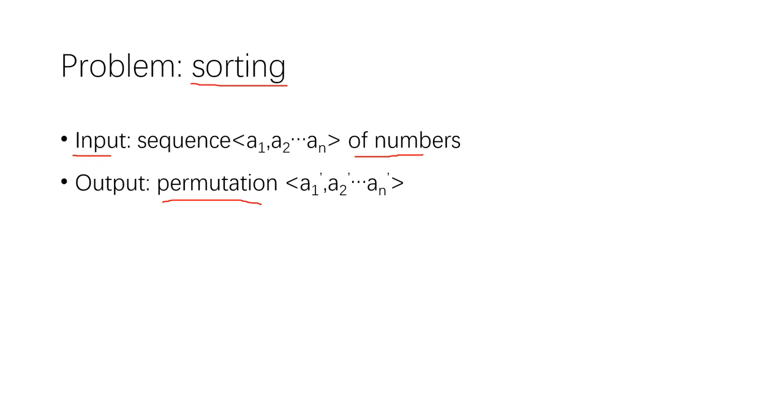Okay, let's continue. We have this kind of input sequence, and the output is a permutation. Permutation means rearrangement.